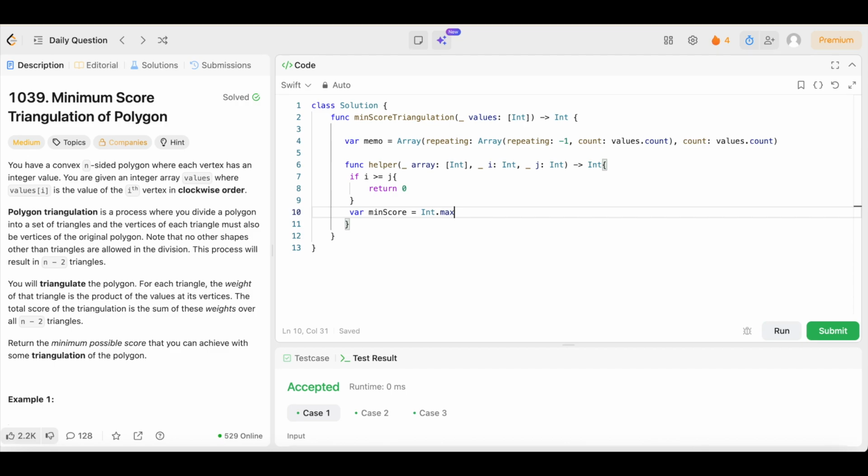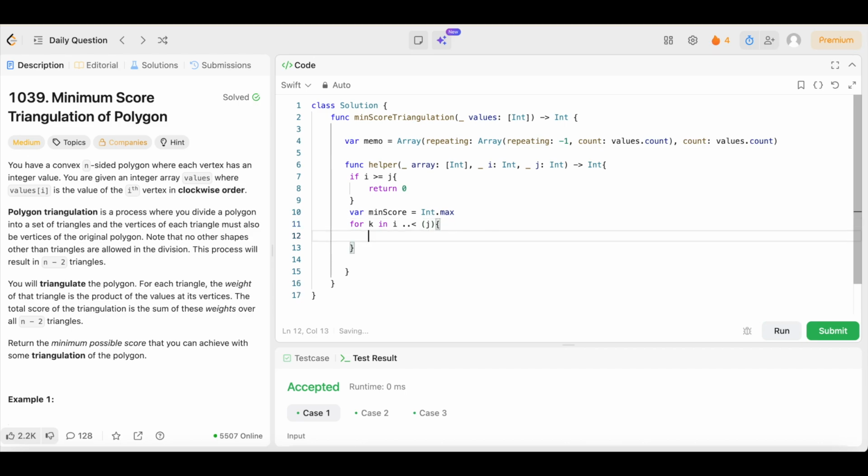Boom. Then we are going to come underneath this right here, and we are going to try every possible vertex K between I and J as the middle point of the triangle. So we'll say for K in I less than sign, open up the parentheses and pass in J. We're going to come outside of that.